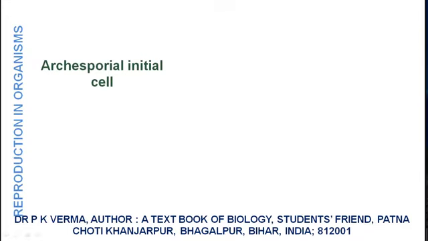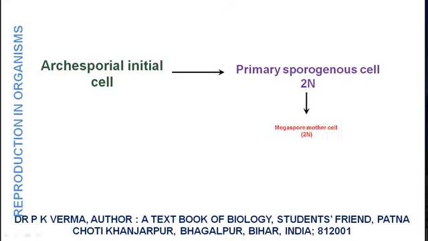Now see the process by this sketch diagram. Here is the archesporial initial cell. It is diploid. It forms primary sporogenous cell. Again it is diploid. Now it divides and forms megaspore mother cell, or it can directly behave as megaspore mother cell.